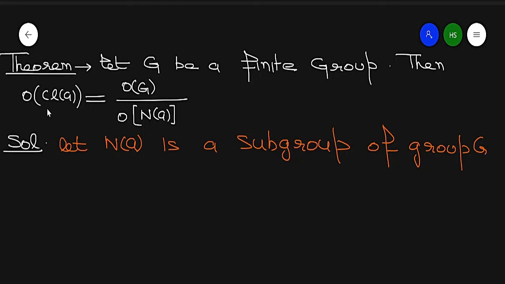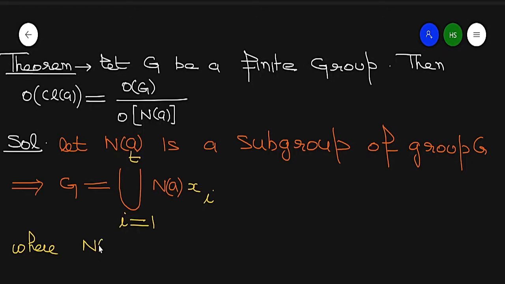It is the class of A, the number of elements of the class of A. So remember, first I take N(A) as a subgroup of group G. So G can be expressed as a union of disjoint right cosets of N(A) in G. So G can be expressed as the union of disjoint cosets N(A)xi, where i runs from 1 to t, right.